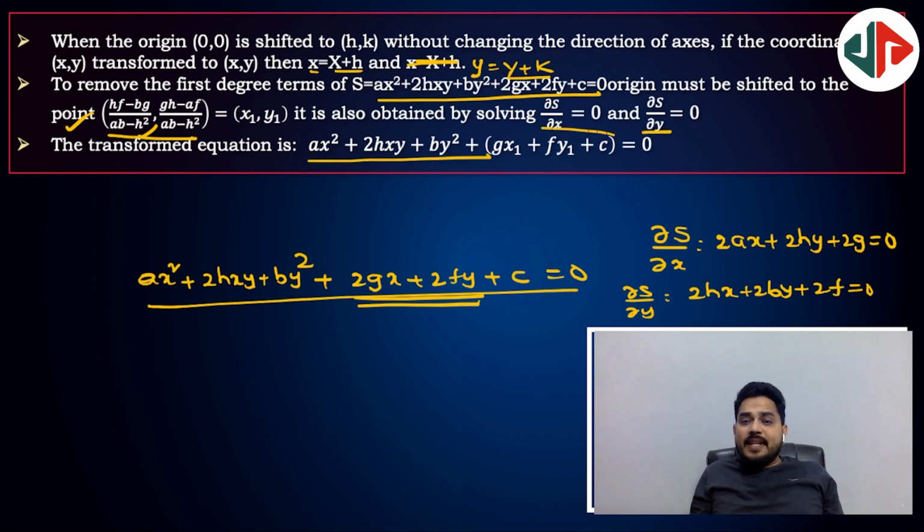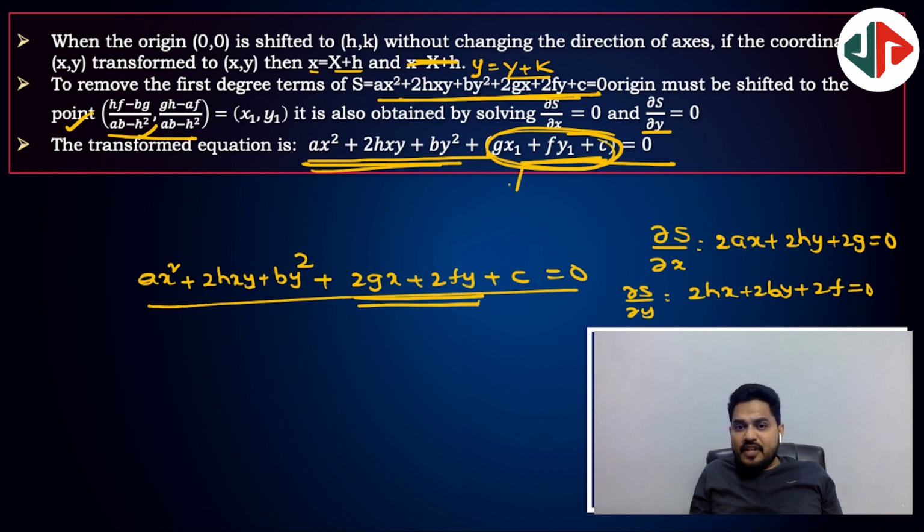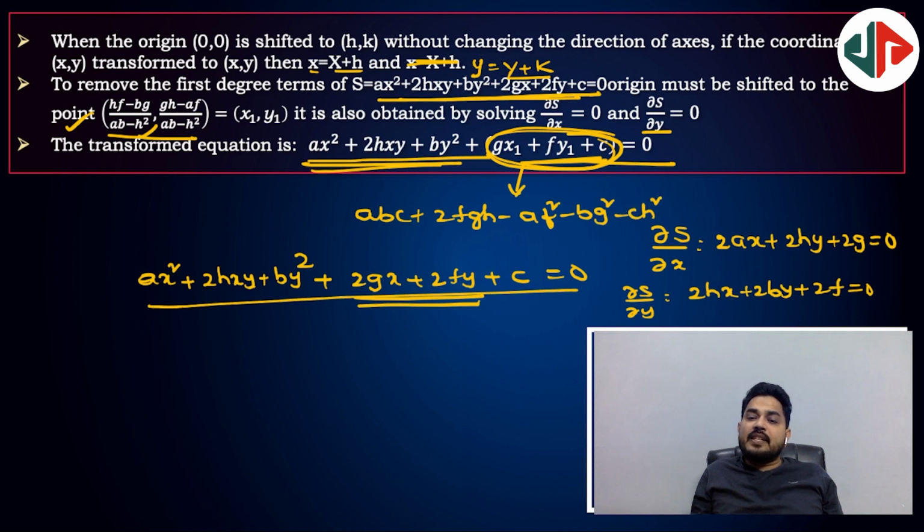And please understand, if gx1 plus fy1 plus c is equal to 0, if this portion is 0, this equation represents a pair of lines. This equation is going to represent a pair of lines if this portion is also equal to 0. And on simplification, this portion will come: abc plus 2fgh minus af square minus bg square minus ch square.